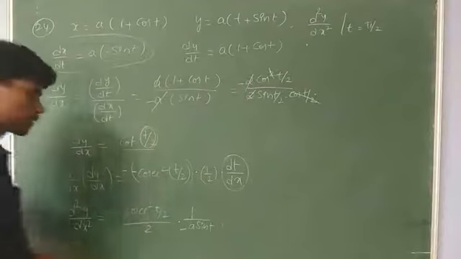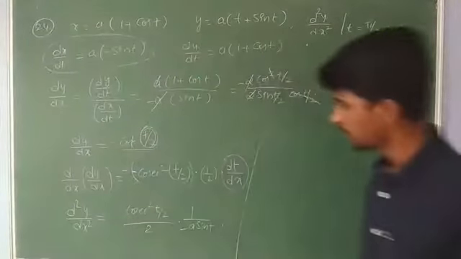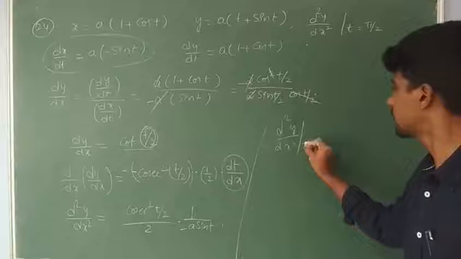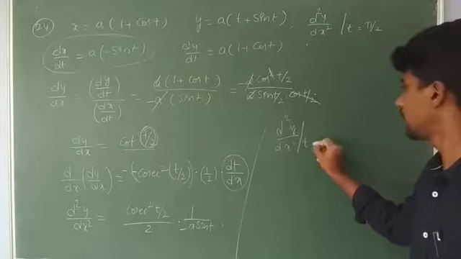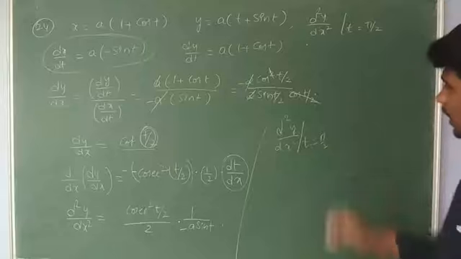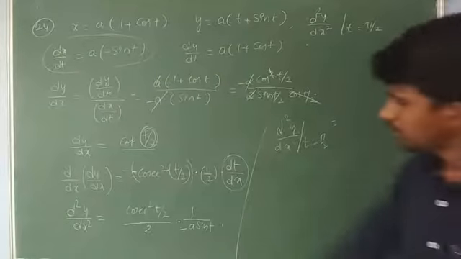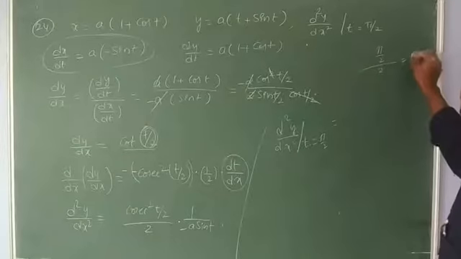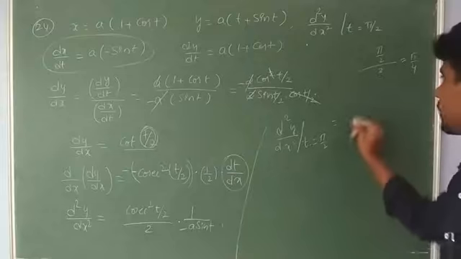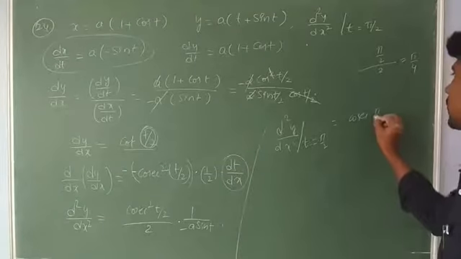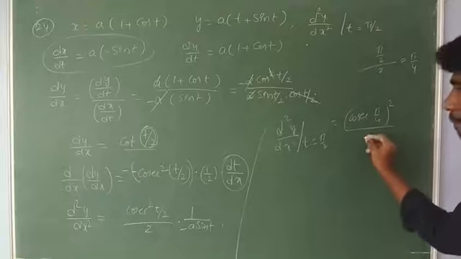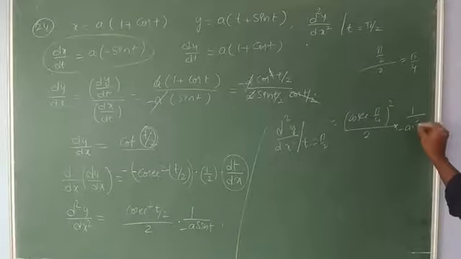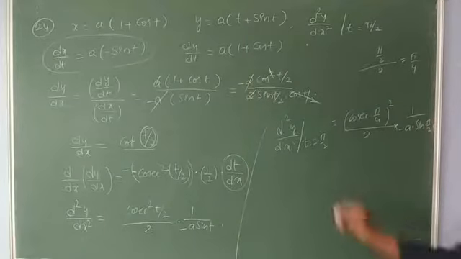This is d2y by dx square, but they asked to find d2y by dx square at t equal to pi by 2. Okay, we have to substitute t as pi by 2. Pi by 2 whole divided by 2 is nothing but pi by 4. So cosecant pi by 4 whole square by 2 into 1 by minus a into sin pi by 2.